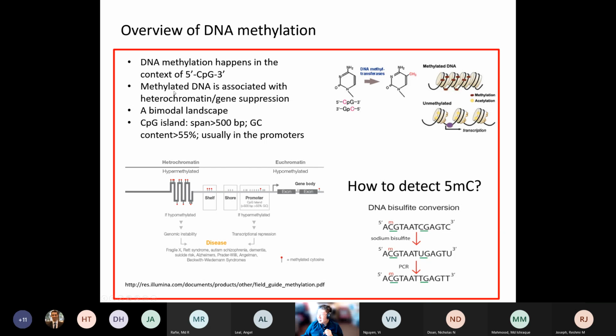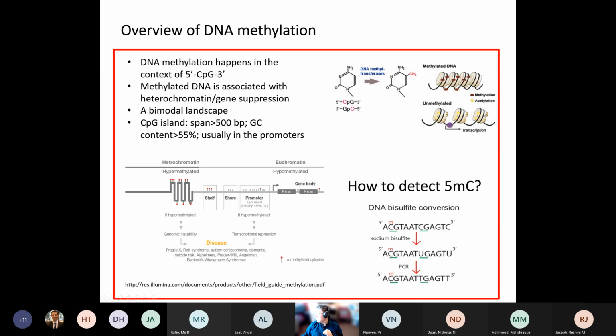And generally speaking, methylated DNA is associated with heterochromatin or gene suppression. As shown here, the methylation is always in this context. It's this cytosine that gets methylated, and methylated DNA, generally speaking, is associated with packed DNA.